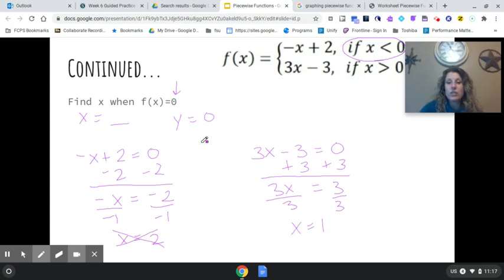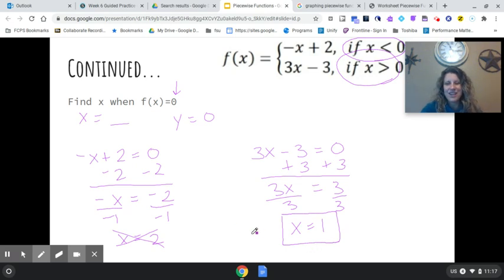Taking a look at the domain, it says if x is greater than 0. Let's take a look. Is our x greater than 0? It sure is. X equals 1. That is greater than 0. So that is my solution. So when y equals 0, the x value is 1.